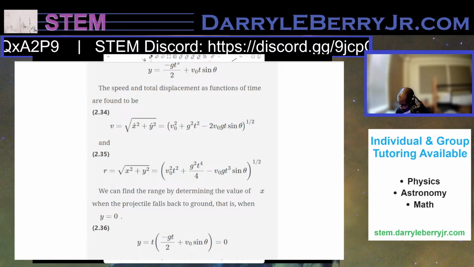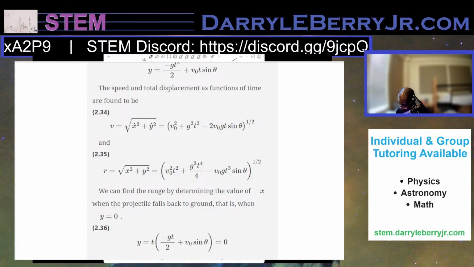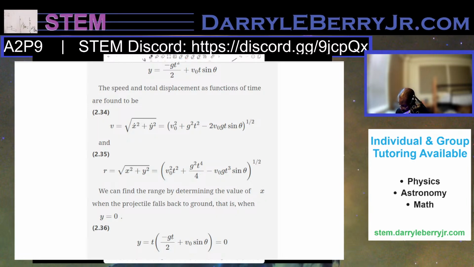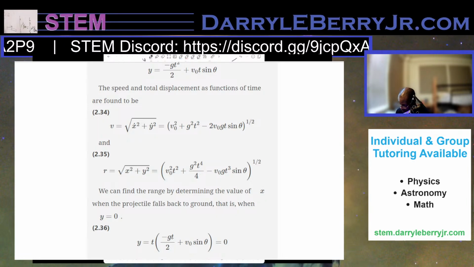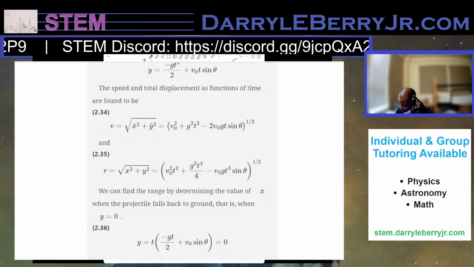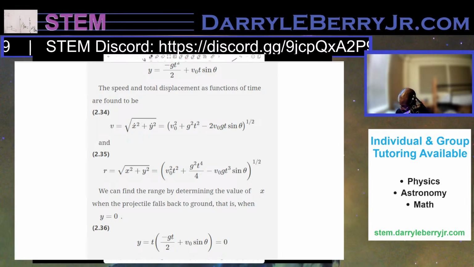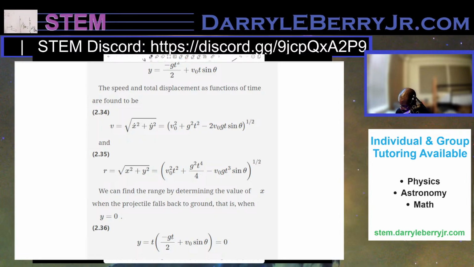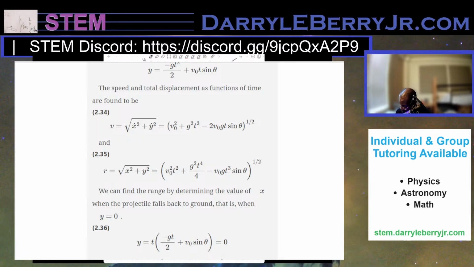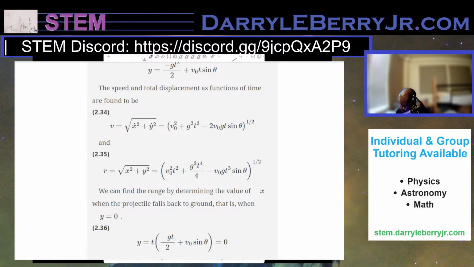So x dot squared plus y dot squared equals V naught squared cosine squared theta plus g squared t squared plus 2gt V naught sine theta plus V naught squared sine squared theta.